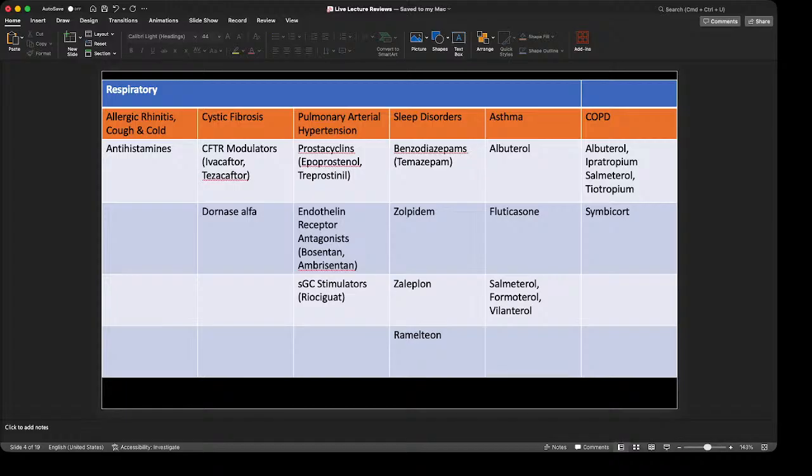Pulmonary arterial hypertension, like prostacyclins, epoprostenol, treprostinil, and then the endothelin receptor antagonists, bosentan, ambrisentan, and then the sGC stimulators. So, all of these things are just to make sure it's vasodilating so blood can actually flow through.